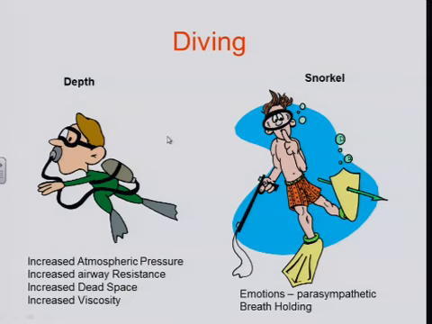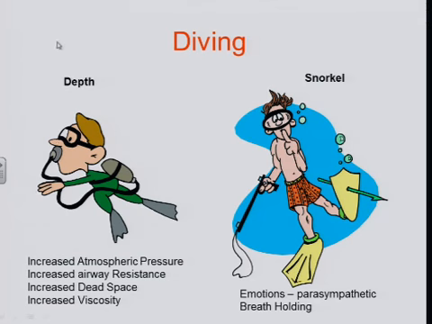And finally, we get down to the last couple things. We talked about diving. Remember, at depth, 33 feet underwater is equivalent to 1 atmosphere. So if we're at sea level and go 33 feet underwater, we're now at 2 atmospheres.